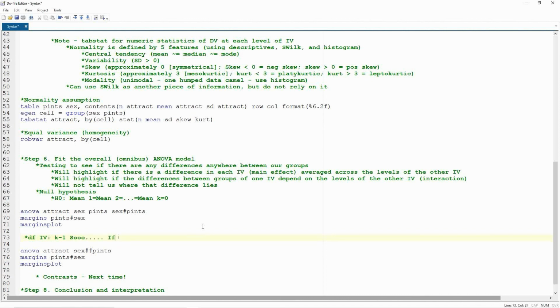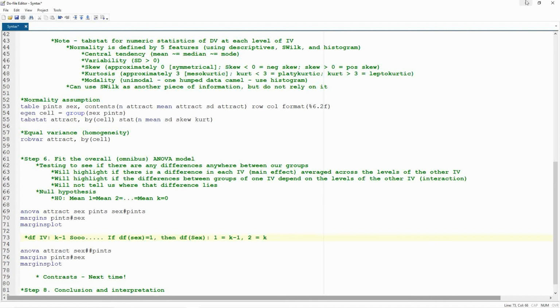So if degrees of freedom for sex equals 1, then what I know is that 1 must equal k minus 1. And then with a little bit of algebra, I can add 1 to both sides, which tells me that k equals 2.